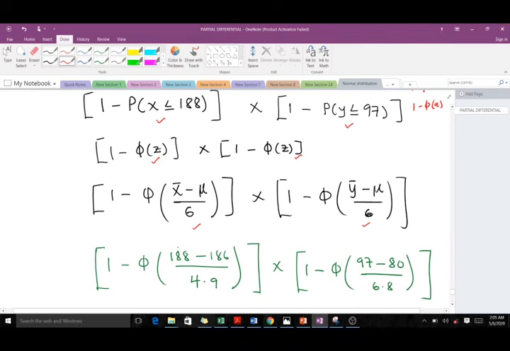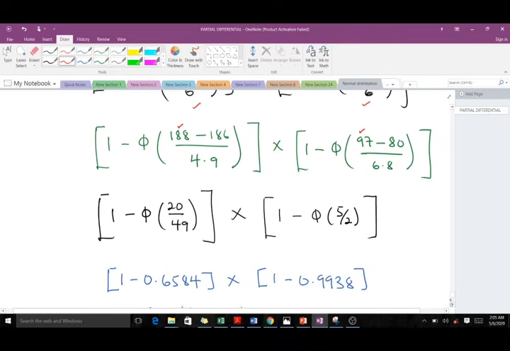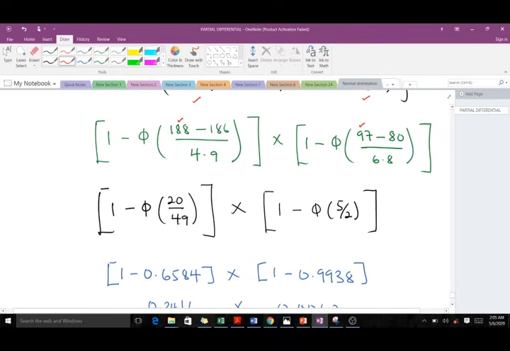So this is from the question, this was the information we were given. So when you do this computation, you end up with this here, you do this, you end up with this here, and when you read this from your table or compute on the calculator, you get this. For these two, you get this.